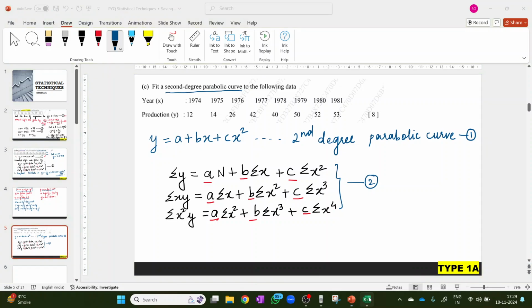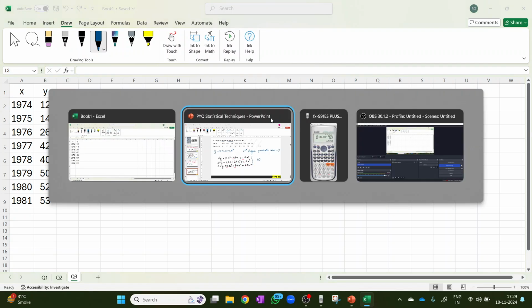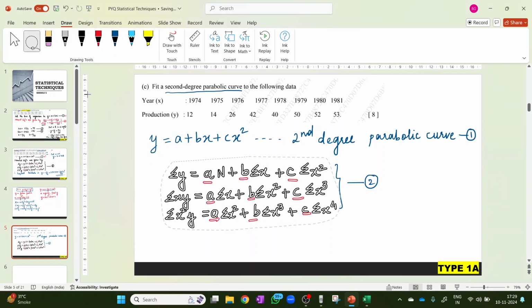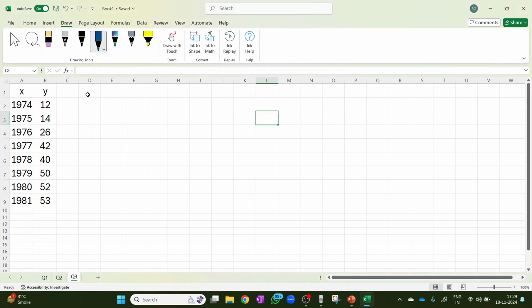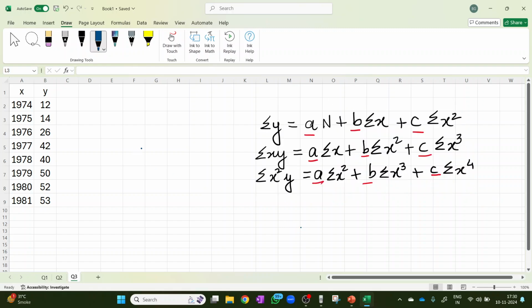We'll make the table here with all the values. Let me paste the equations here as well so that we know the columns. So those are the equations here.